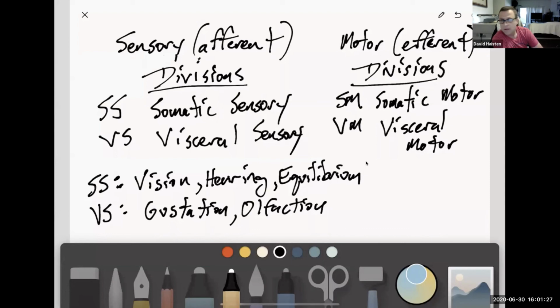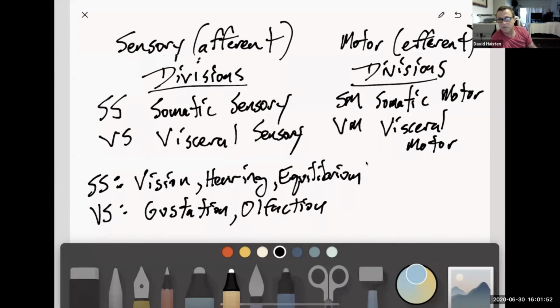Okay. Now, here's where sensory is a little trickier. Somatic sensory are widespread general senses. So somatic sensory is basically innervation of your outer body tube. So all these sensory receptors that are in your integument, Pacinian corpuscles, Merkel cells, Meissner's corpuscles, and there's many, many more.